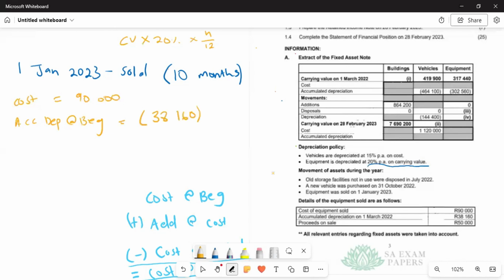Right. Now, using this information, I'm going to calculate my carrying value at the beginning of the year. And I'm going to use that carrying value at the beginning to calculate the depreciation for this year. Remember, we need to add the depreciation for this year to the accumulated depreciation at the beginning. From there, we can find the carrying value at the time of disposal. So let us calculate our carrying value. 90,000 minus 38,160. My carrying value at the beginning of the year was 51,840.